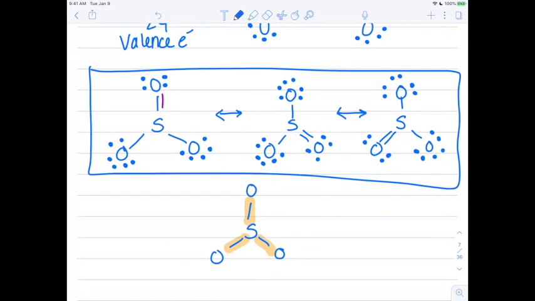So let me go ahead and note that these are resonance structures. Because we have 3 different locations a double bond could be in, that's why we have 3 resonance structures. So questions about anything that we've done here with our SO3?